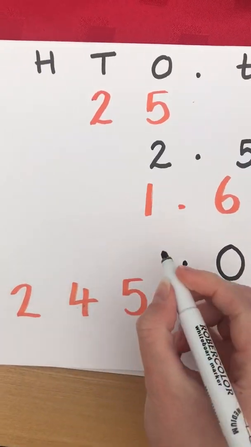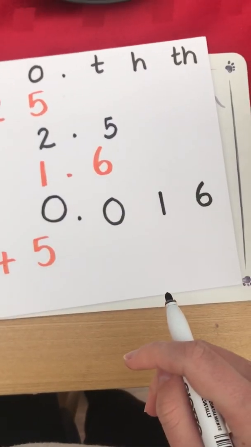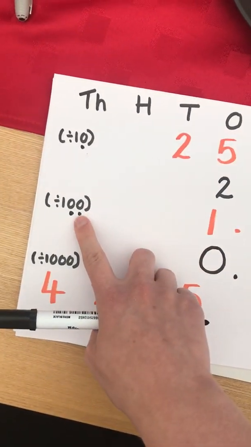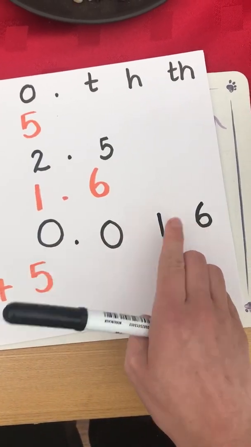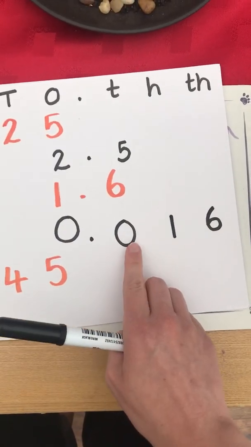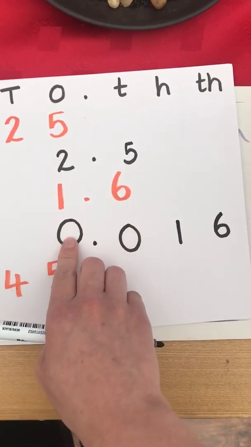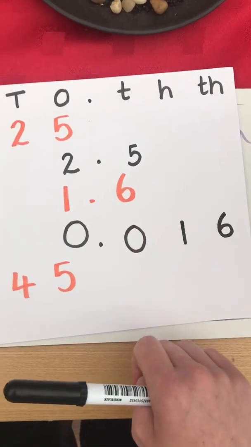We've got nothing in the ones column, so we need a 0 here. So that's what our number would look like. So 1.6 divided by 100 is 0.016. Okay, and these placeholders are really important because it shows that we've got no wholes, no ones, nothing in the tenths, 1 hundredth and 6 thousandths.